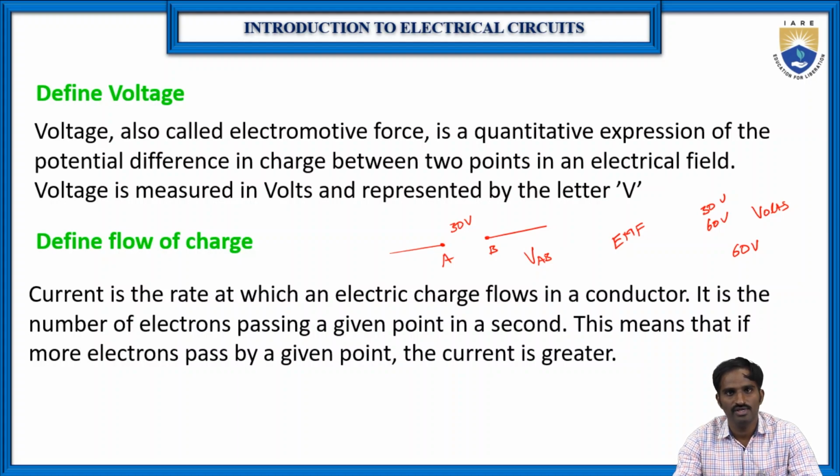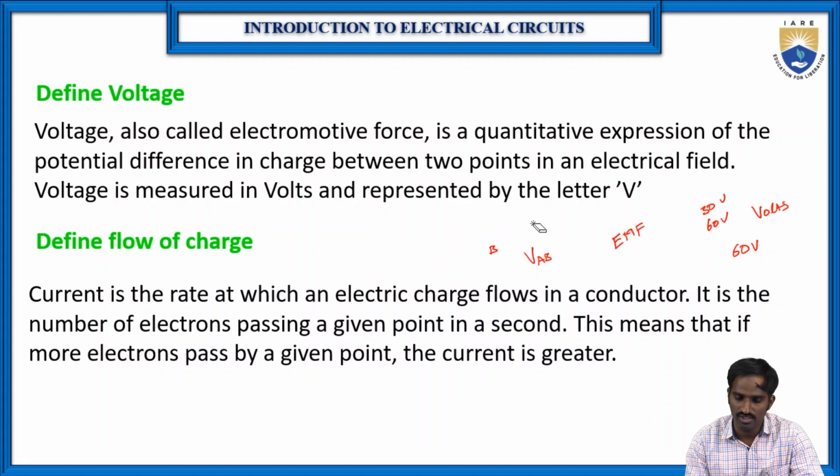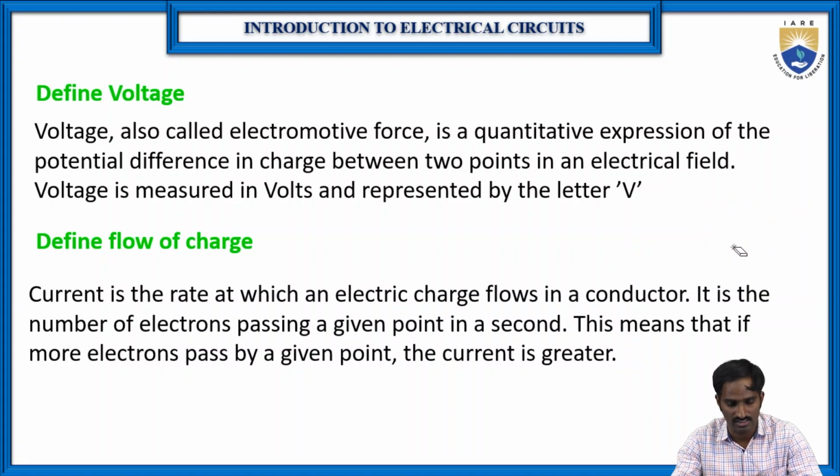Then the next definition is the flow of charge. We know the flow of charge, or the flow of electrons, is called current. Current is defined as the flow of electrons or the flow of charge. The flow of charge is the rate at which the electric charge flows in a conductor.